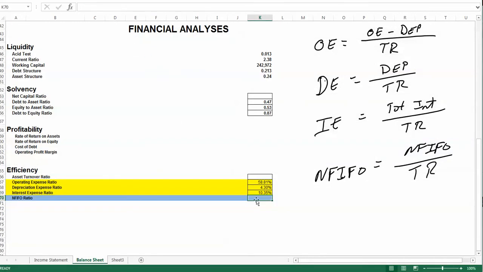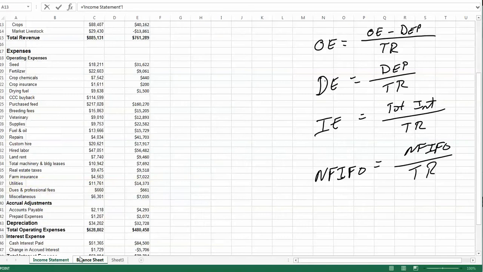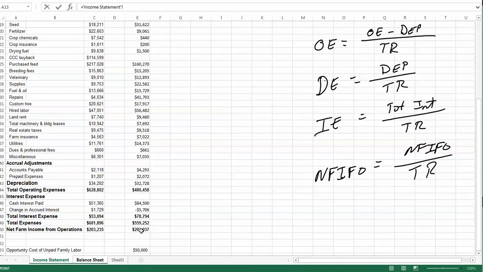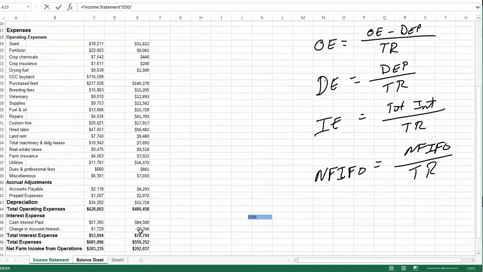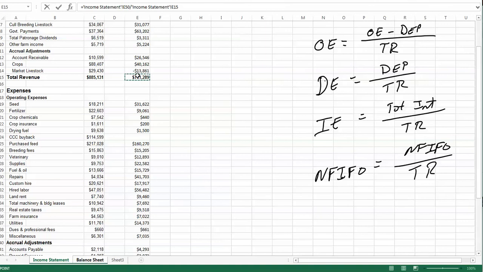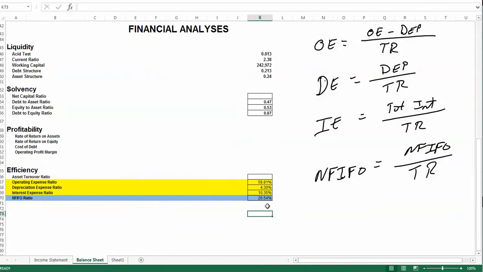And then I'll go to net farm income ratio. I'll go equals. Go to the income statement. Go to net farm income from operations and simply divide it by total revenue. Okay. If I have done this correctly, if I sum those, and I'll go up and auto sum those, you see they add to 100%.